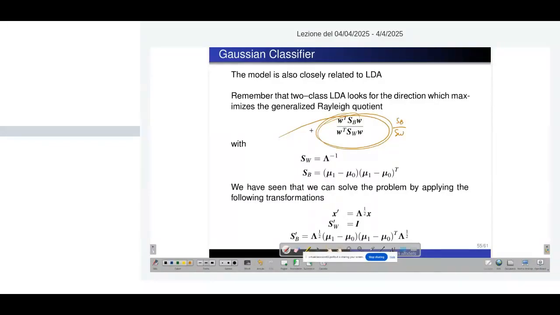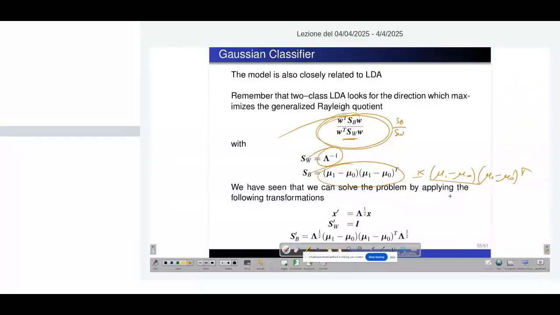And the SW that we have here is exactly lambda to the power of -1, so the within class covariance of the tied model. SB we didn't prove, but it can be expressed in this way: as a constant times the difference of the two means times the difference of the two means transposed.